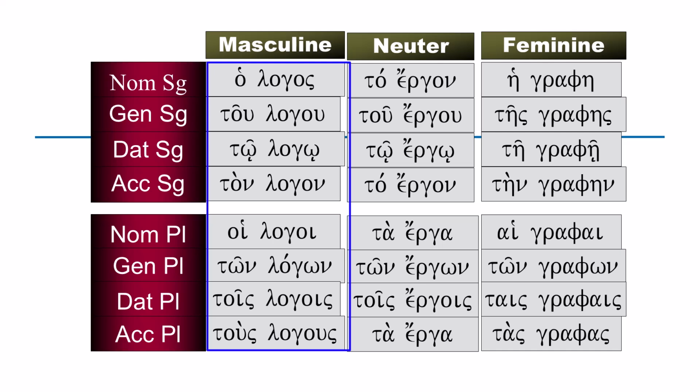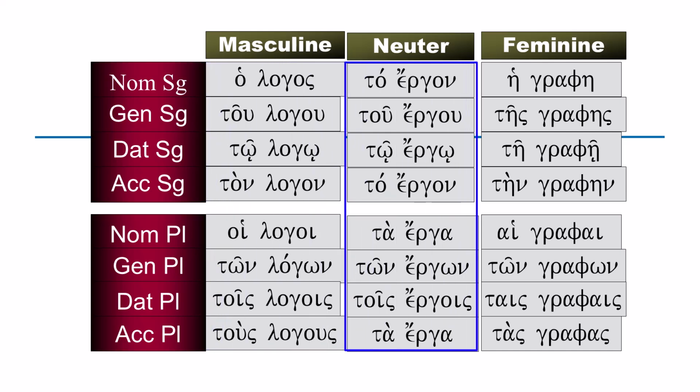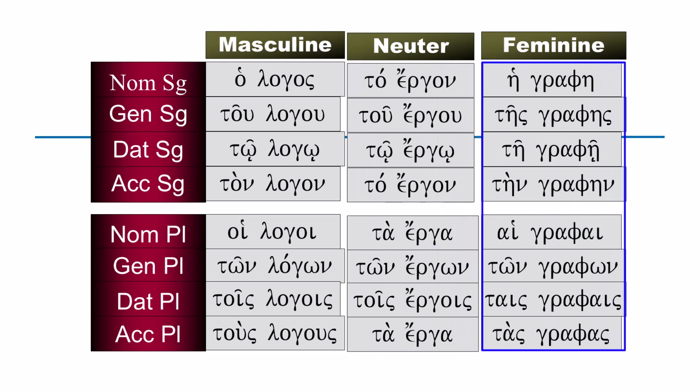As well as ergon, if you're asked to decline the word ergon, you decline it in the neuter because the word ergon has a neuter ending, so it belongs to the neuter. So you decline it in that way. As well as the word graphe, if you're asked to decline the word graphe, that's how you decline it, by adding those different endings and translating it appropriately, depending on the case that is used.